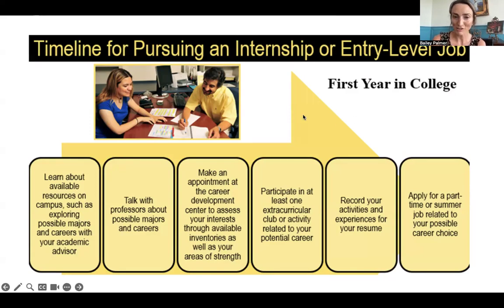And then also talk with professors as well. Get familiar with professors, especially ones in your major, once you pick your major. Also start working on your resume. Make sure you've recorded any experiences you've done in college or starting in high school. So we'll start drafting your resume.